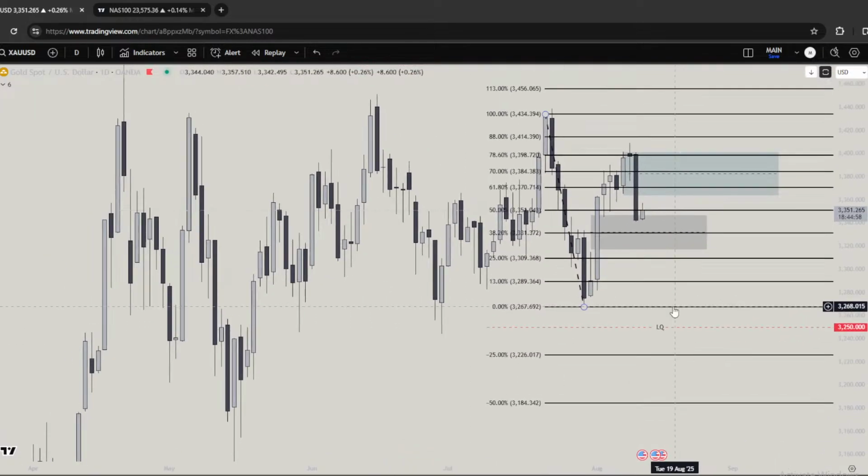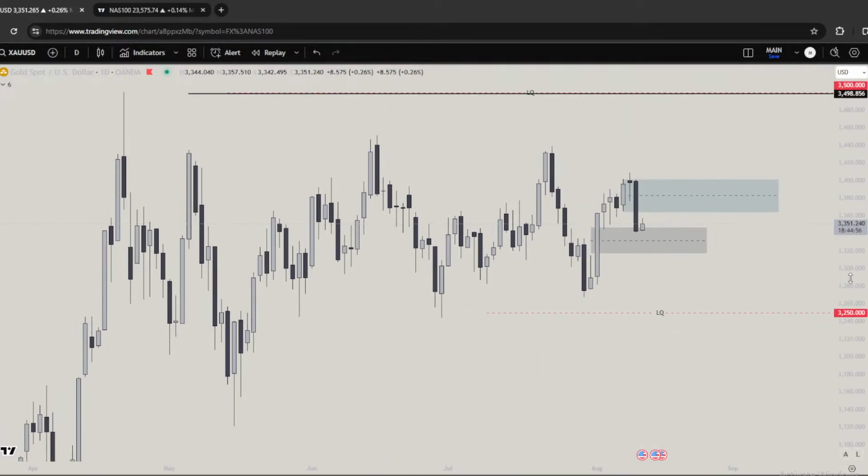It's that 350 on gold that's holding it up. All right, I like the setups though.